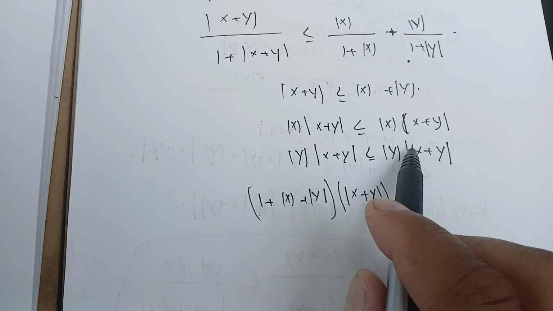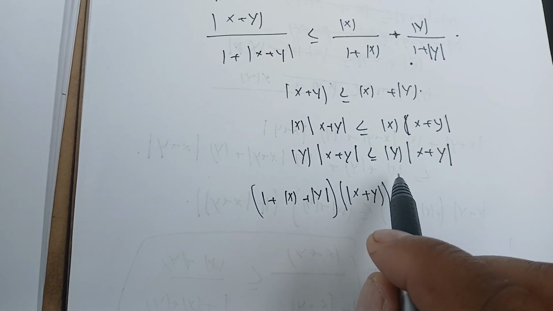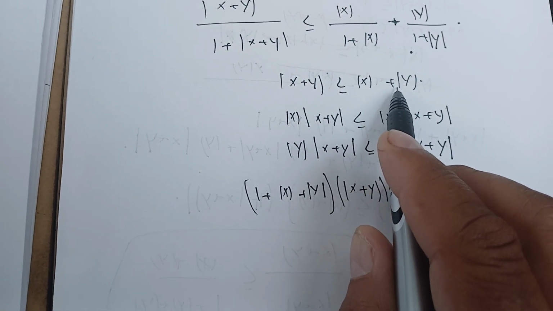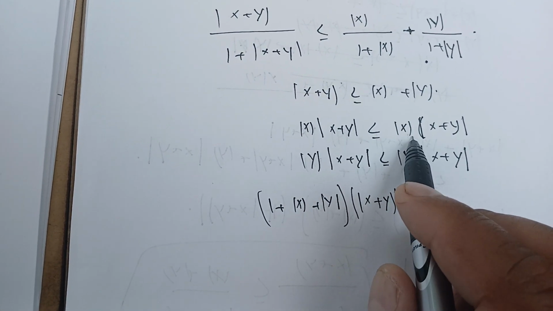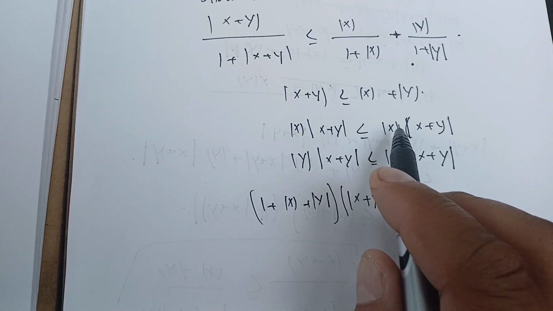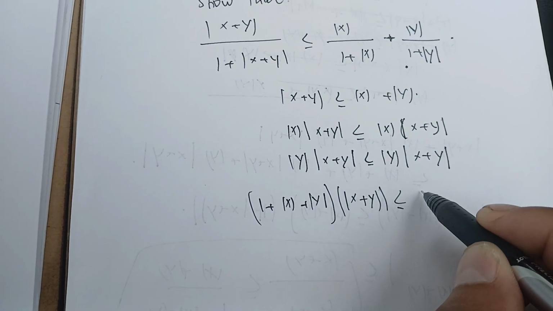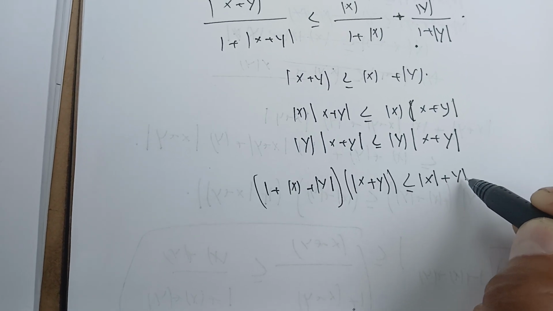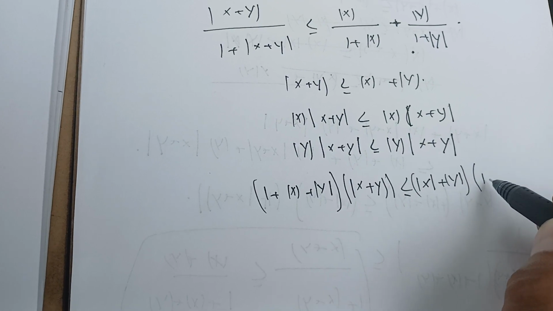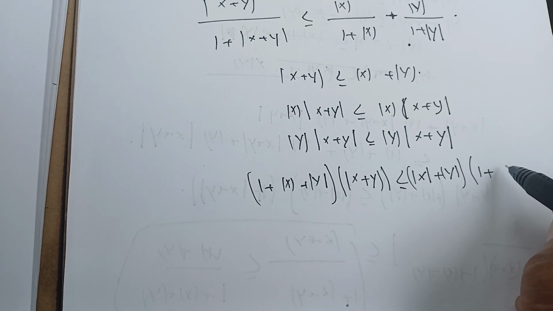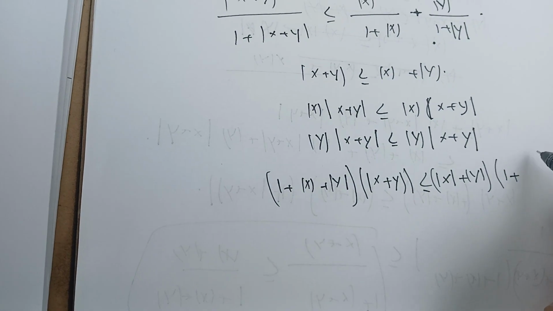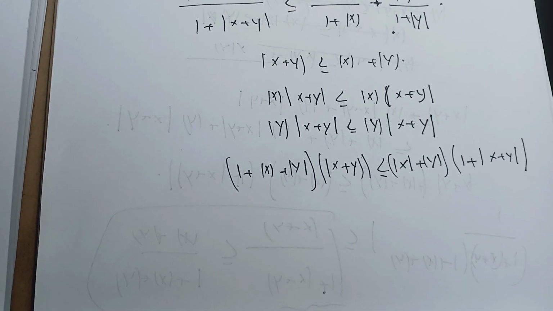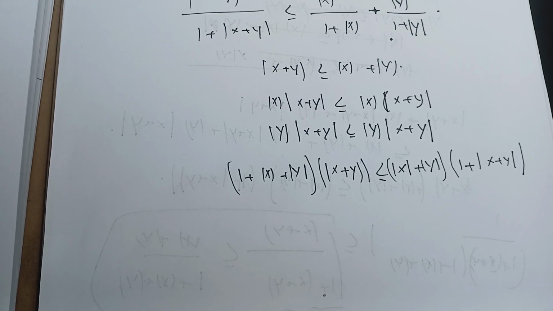Okay, so we can see that if we factor out, it's going to be the absolute value of x plus the absolute value of y, times 1 plus the absolute value of x plus y. Okay, we can see that.